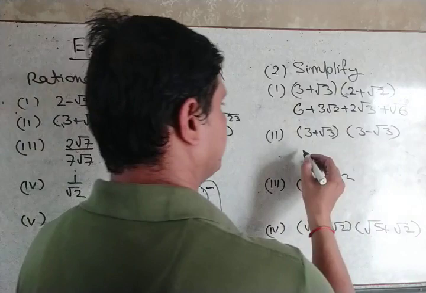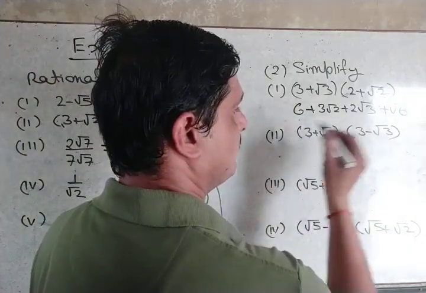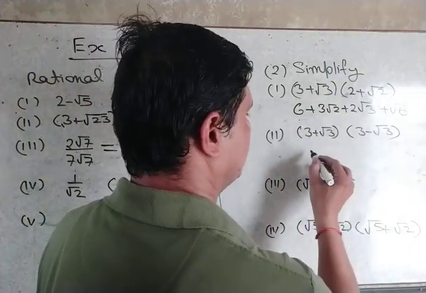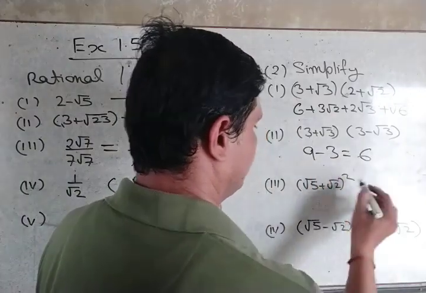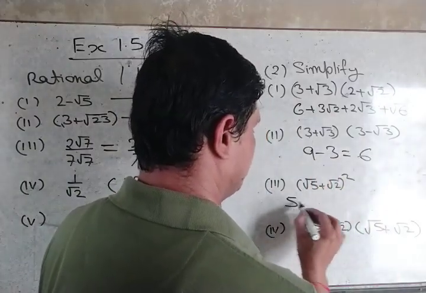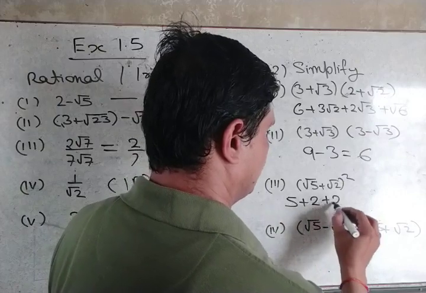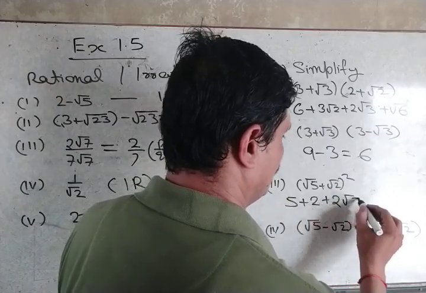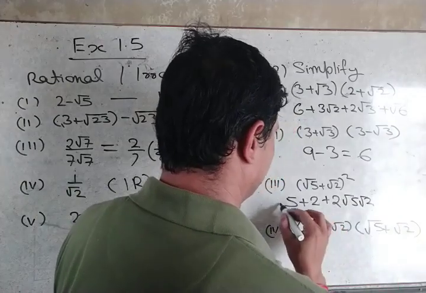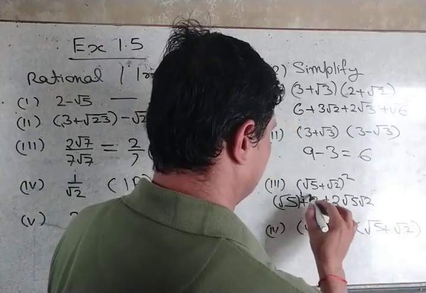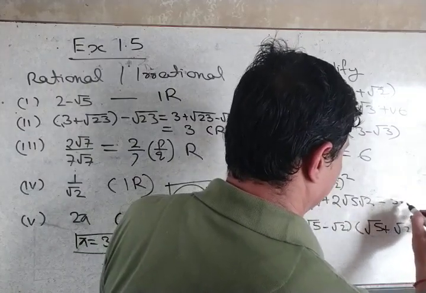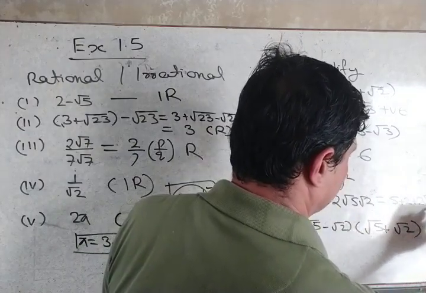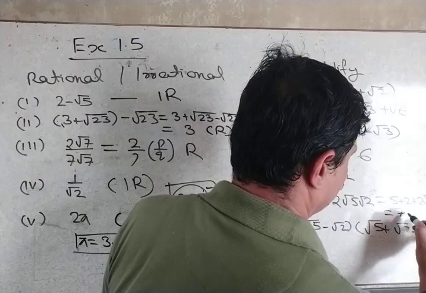Now this again, a square minus b square. So 3 is multiplied by 3, that is 9, and 3, that is 6. For this, root 5 whole square, root 2 whole square, and 2ab. So you will get 5 plus 2 and 2 root 10, that is 7.